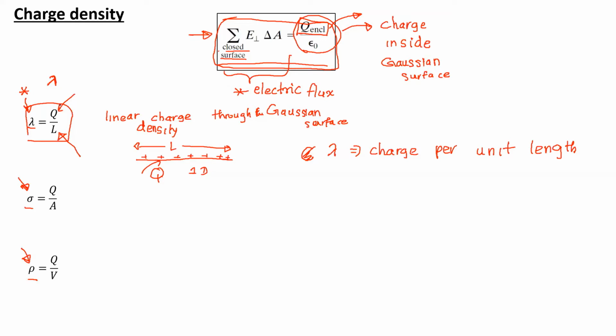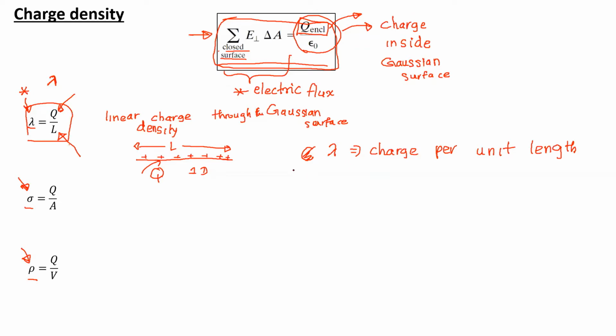That is how you get the charge density, and that is how you calculate a density, right? Okay, so with this equation in mind and the definition of lambda, lambda is the charge per unit length.